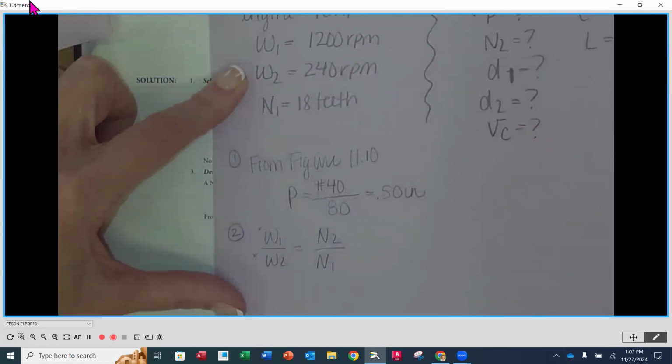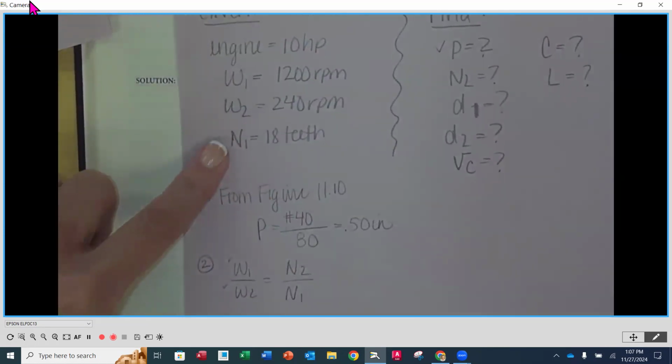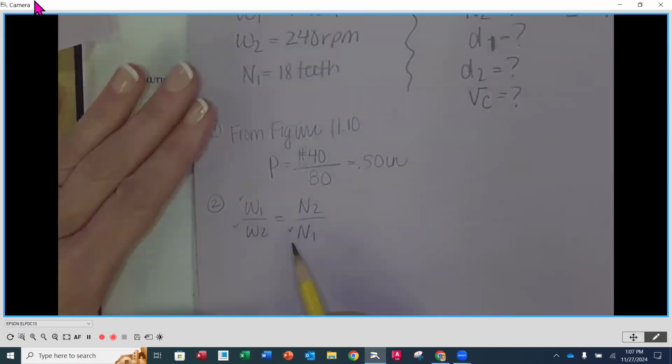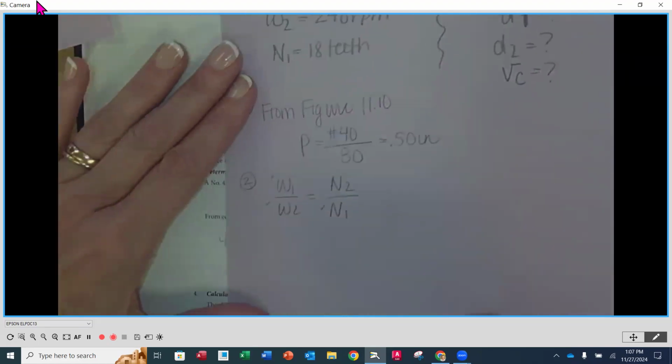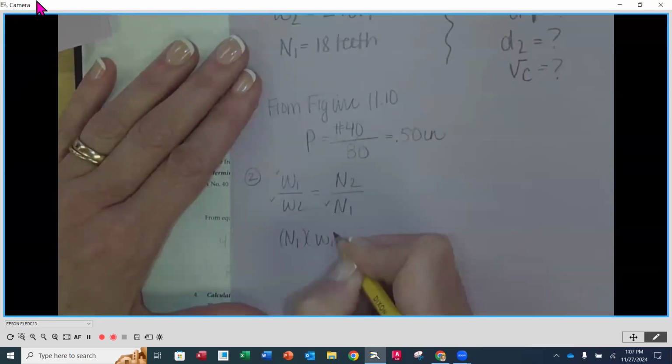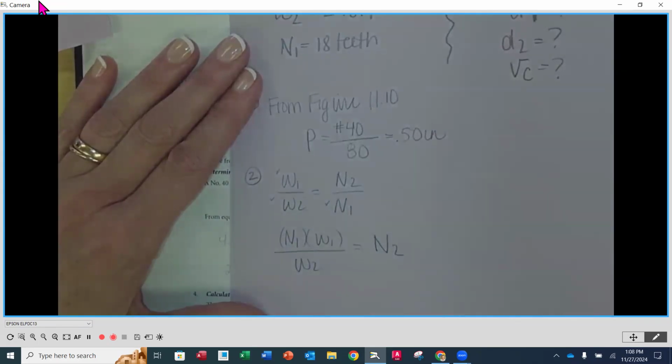We also know the number of teeth on our driver. So all we have to do now is solve for N2. We simply multiply N1 up, so N1 times W1 divided by W2 is equal to our N2, right?